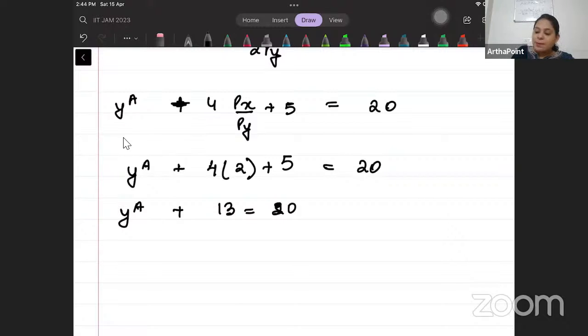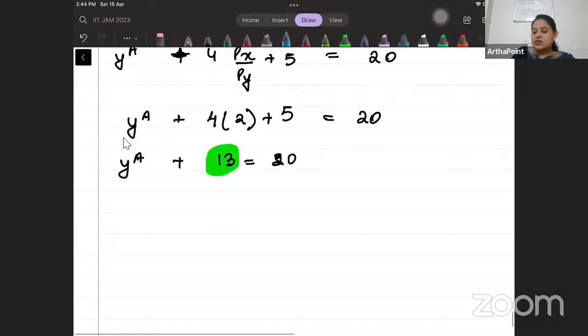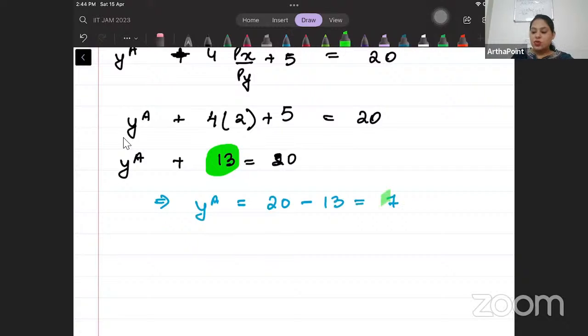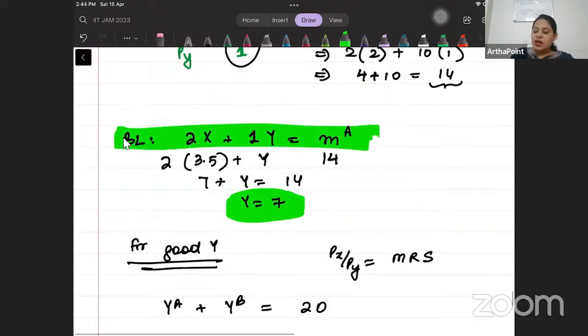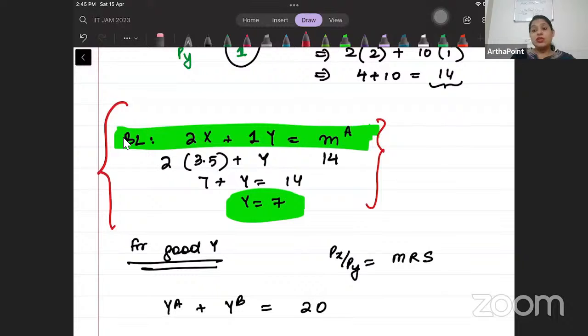So individual B will consume 13 units of good Y. How much can A consume? A can consume 20 minus 13, which is 7 units. This is exactly what I was getting above, that in order to be on the budget line, he needs to consume 7 units.